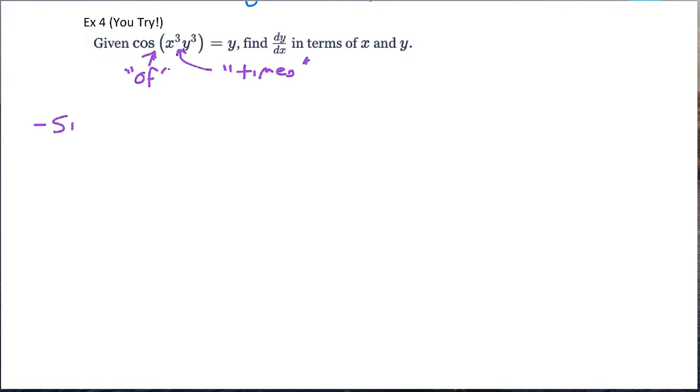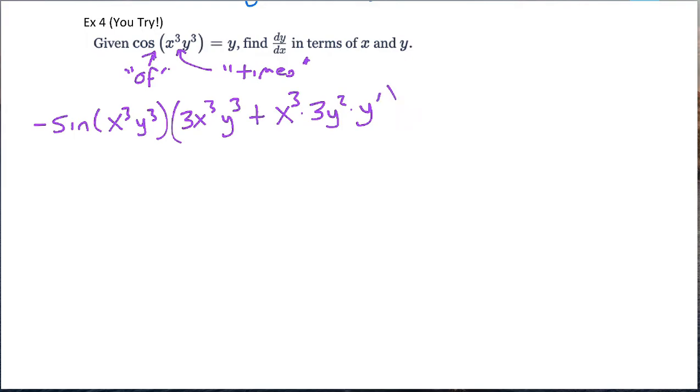Negative sine of x cubed y cubed times 3x squared y cubed plus x cubed times 3y squared times y prime, because I differentiated y on that one, equals y prime. Now this problem is actually the exact same problem as we had before.